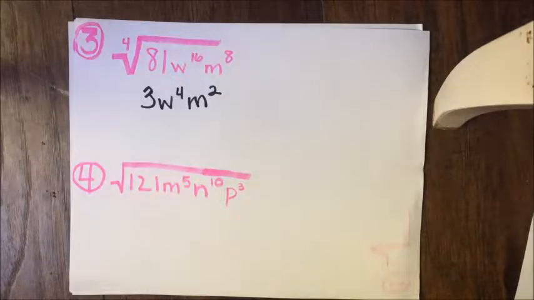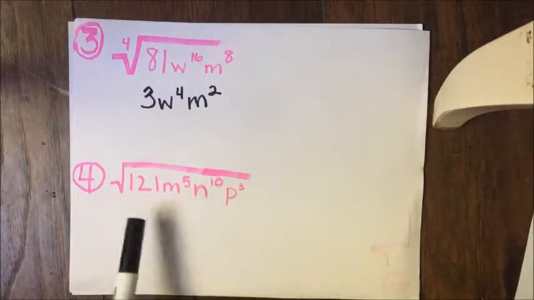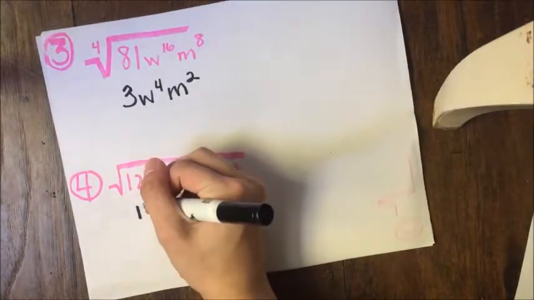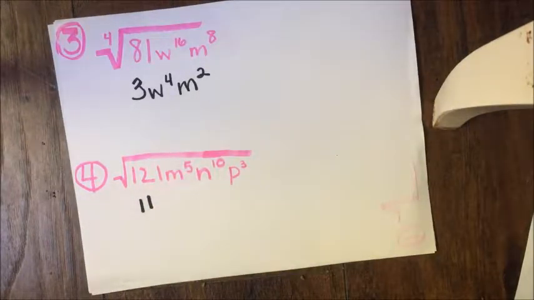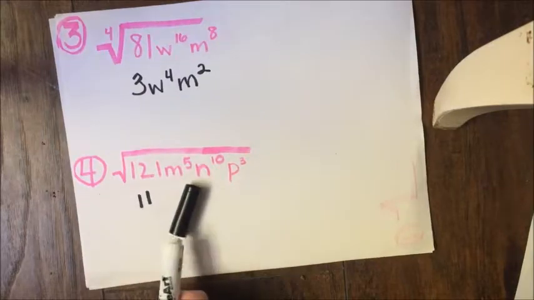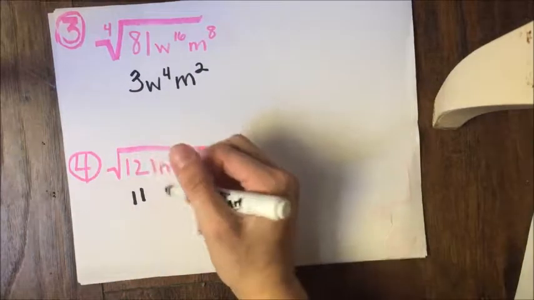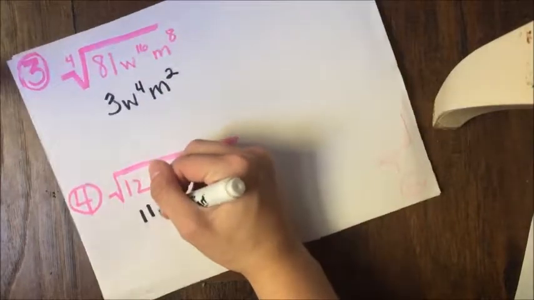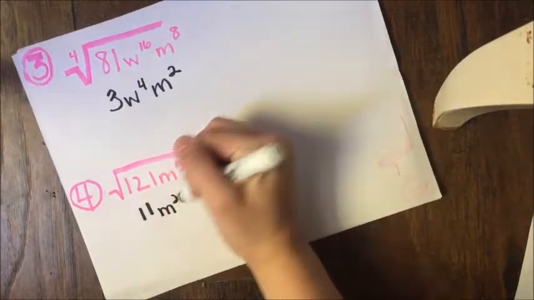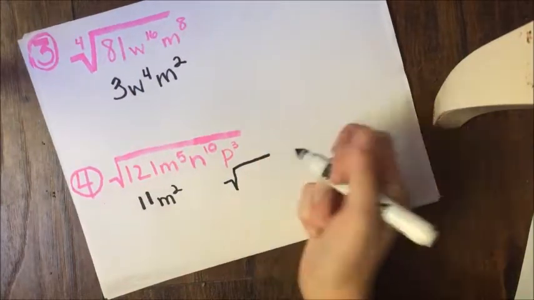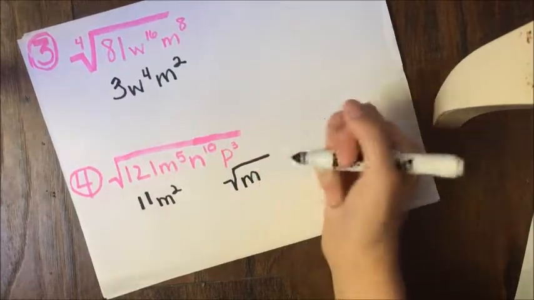We're going to do the same thing in number 4, except this time we're taking the square root. So the square root of 121 is just 11. And the square root of m to the 5th would be m to the 2nd with a remainder of m, which we will put under a radical over here.